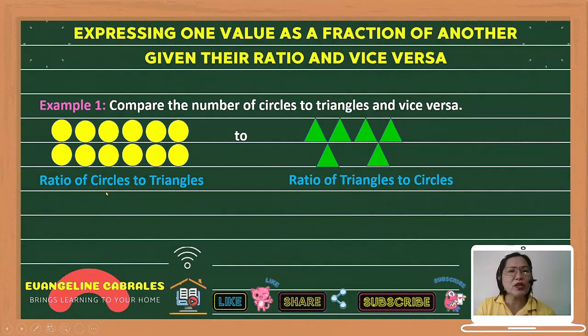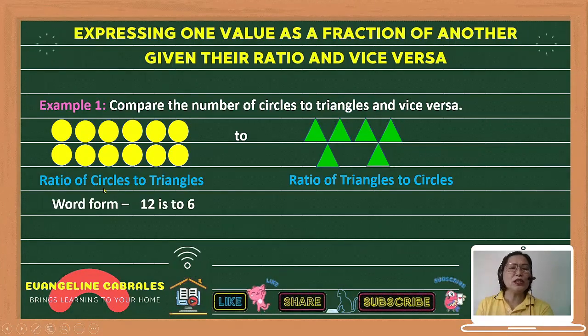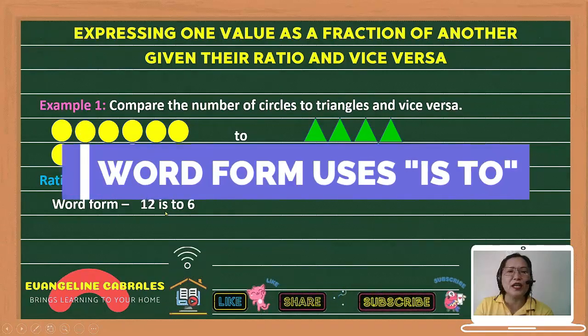So, what is the ratio of circles to triangles? Let us have this first. So, una nating ibibigay yung tinatawag na word form. Ito yung sinabi ko sa inyo kanina. Ito ay isang paraan ng pagsusulat ng ratio. And that is through word form. Kapag sinabing word form, ibibigay mo yung number, yung mga numbers na involved at sa pagitan nila ay nandun yung words na is to.